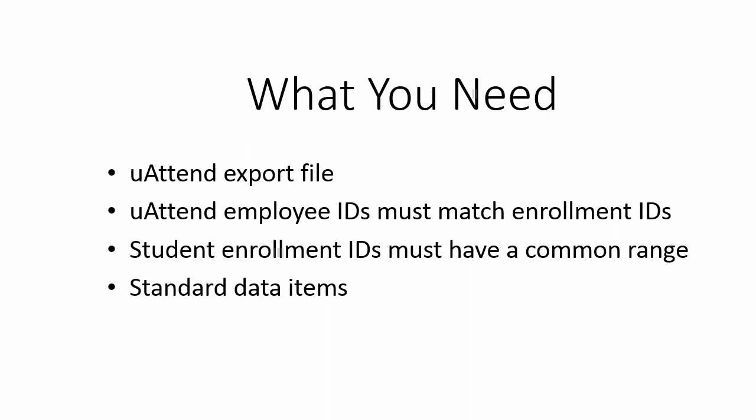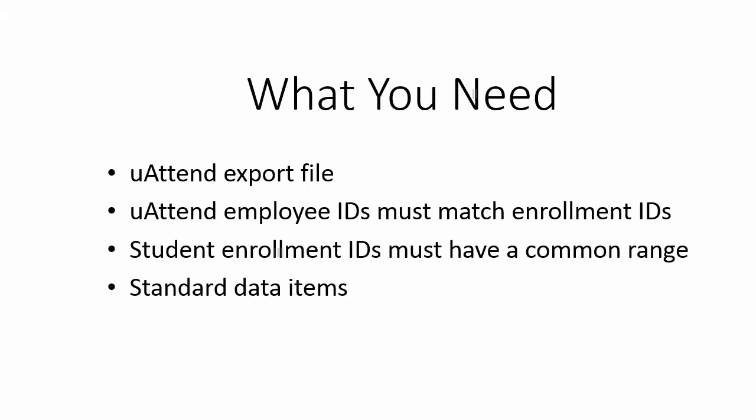I can't promise that it's going to be perfect, that it's going to do exactly what you want and handle all the details for you, but we can probably get the bulk of it in there and save you some work. Second thing that's very important is that the employee IDs in whatever software you use, whether it's uattend or whatever, the employee IDs must match the enrollment IDs.